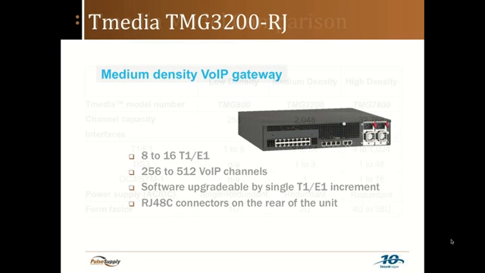I've selected to present here the TMG 3200 RJ product and show you some of the physical characteristics of the unit. This is a medium density gateway, and this specific type of product supports from 8 to 16 T1s. You can see the 16 T1 connections here on the rear of the unit.